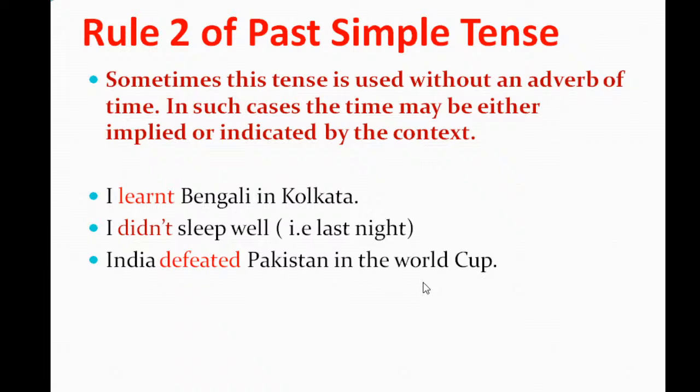So this is how we go for the second rule: the time is not mentioned, but the verb is in past form. Like learnt is the past form of learn, didn't is the negative of did, the past form of do, and defeat becomes defeated. I hope rule number 1 and 2 are clear to you.